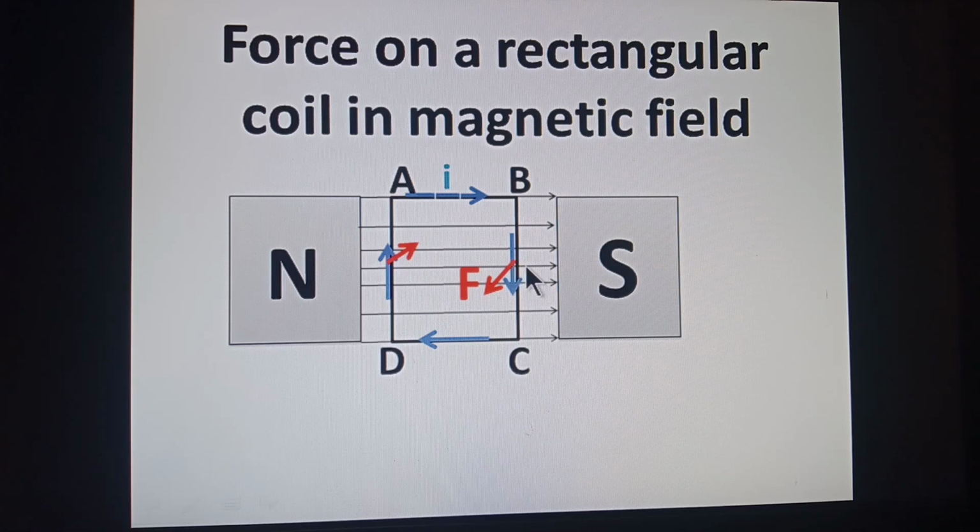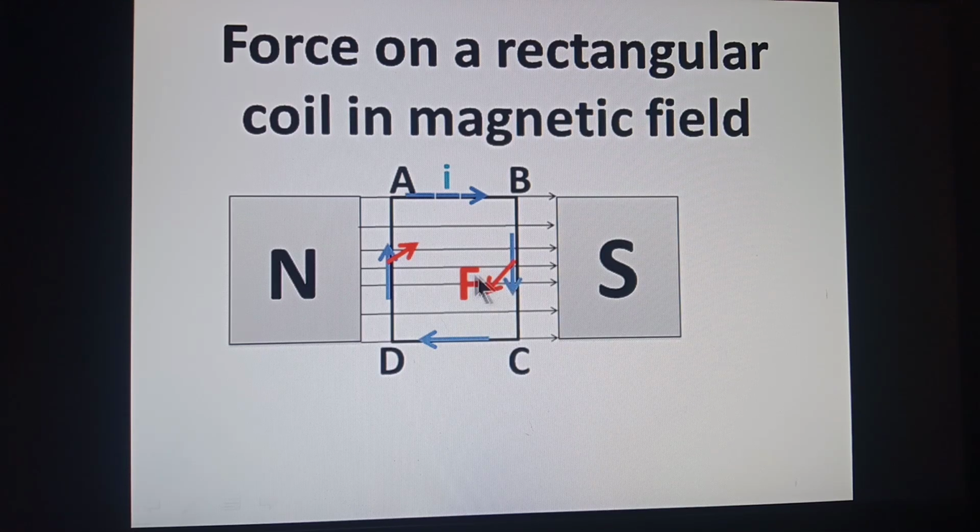So here will be the direction of force on side BC according to Palm rule or Fleming's left hand rule. If we take the middle finger in the direction of current, first finger in the direction of magnetic field, then thumb points the direction of force that is directed outward, out of the screen.